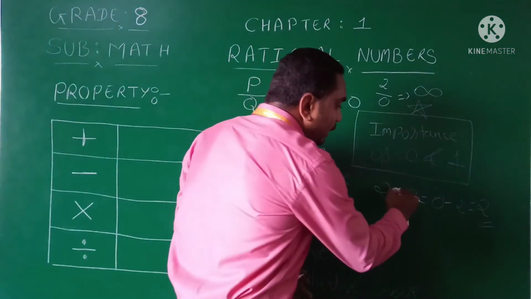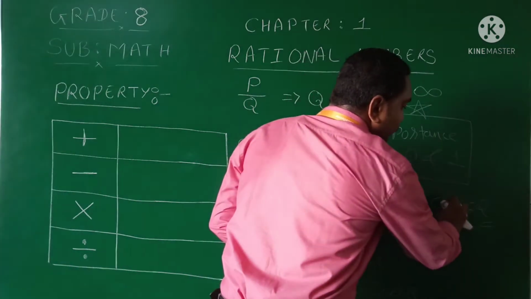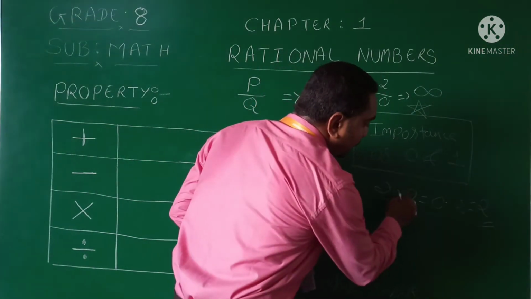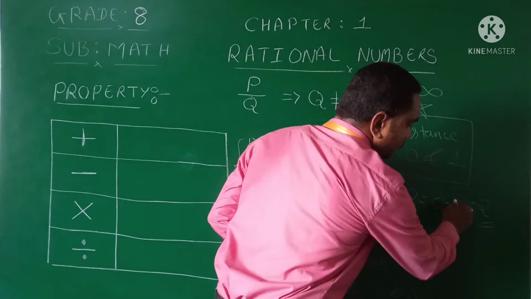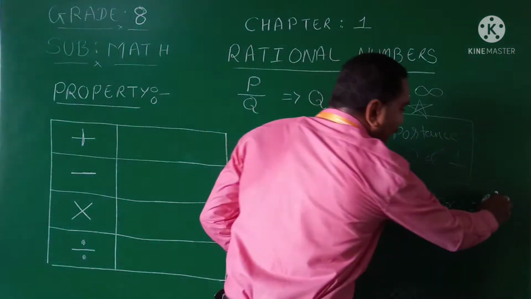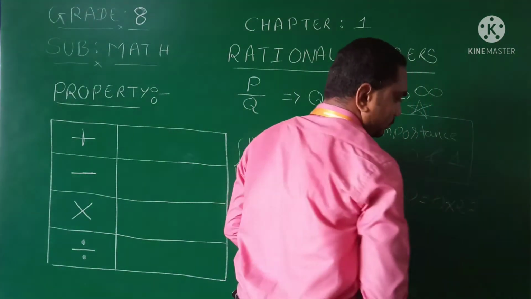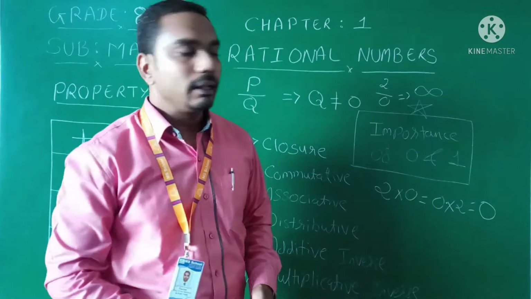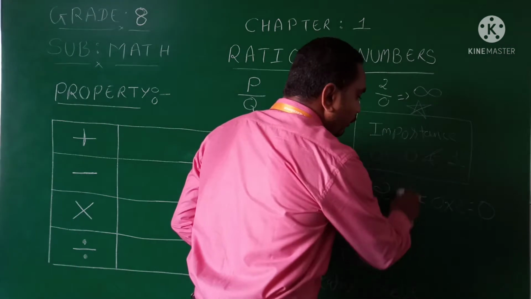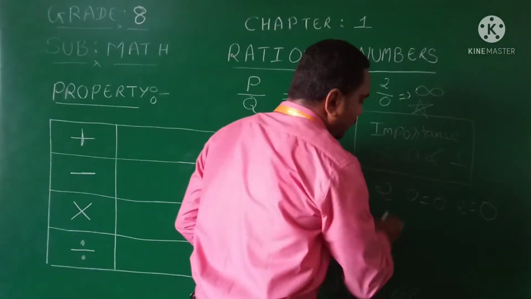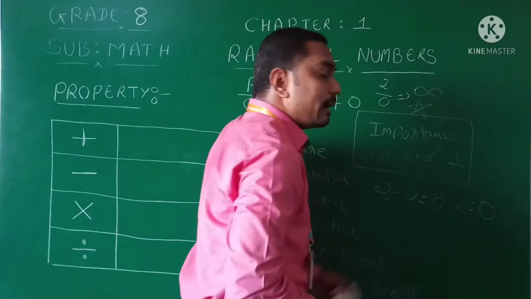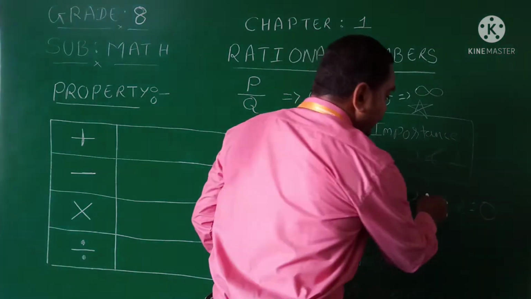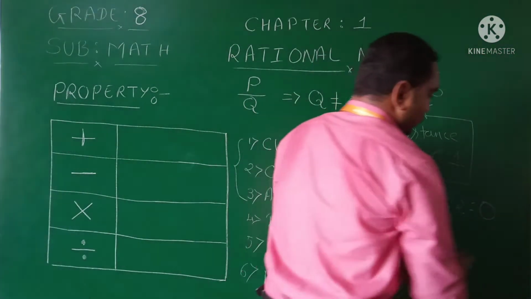But if I apply the same thing for multiplication, then the answer would be 0. Similarly, for division, this will not be equal.